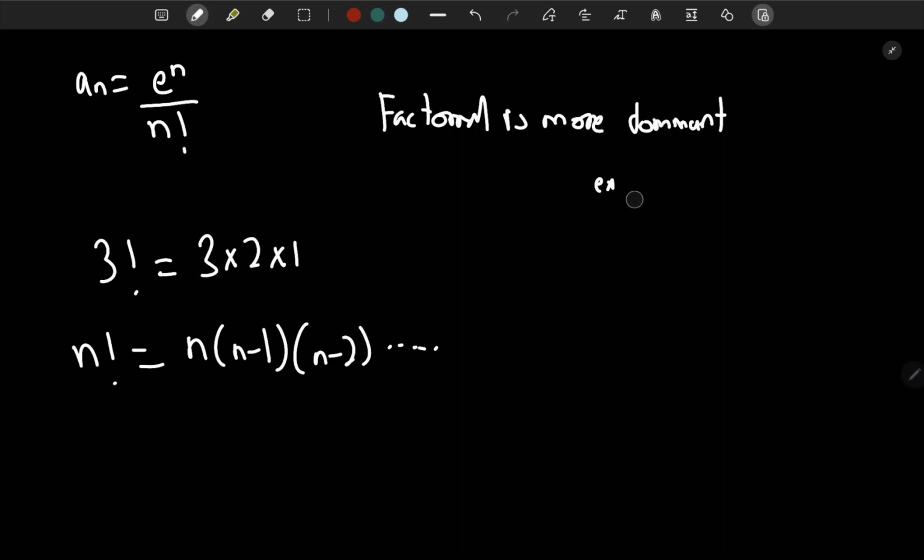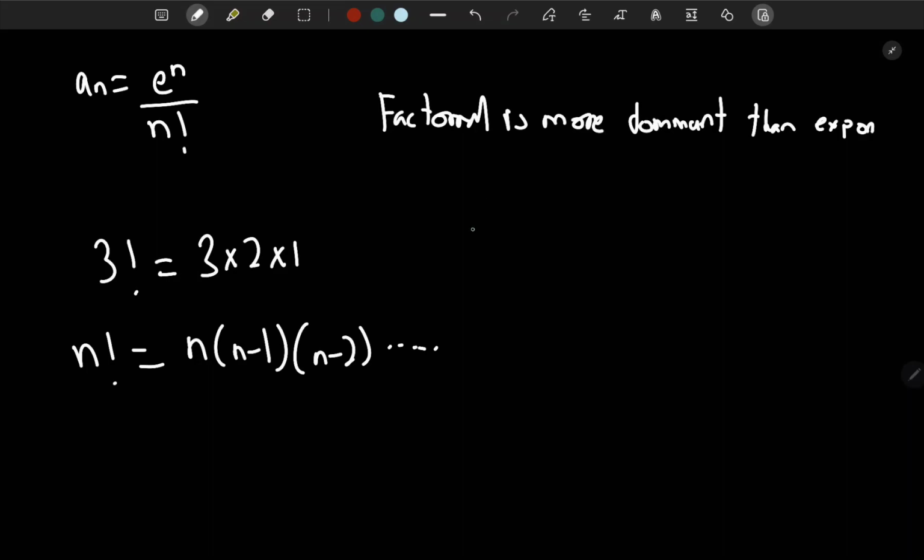So basically the exponential function which we have over here, e to the power of n, is less dominant. What I mean by that is, if you try to substitute a few numbers and notice the behavior of these two functions, e to the power of n and n factorial, you will slowly realize that n factorial is going to increase at a way faster rate than e to the power of n.